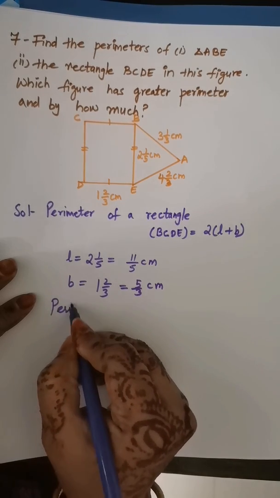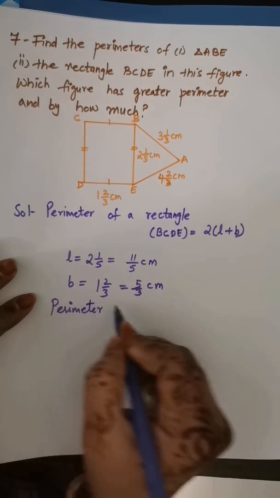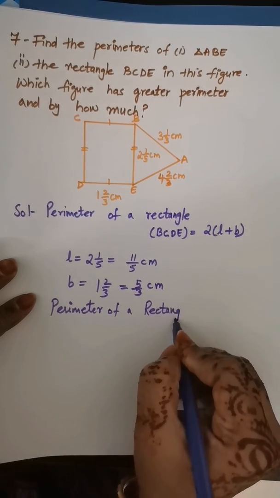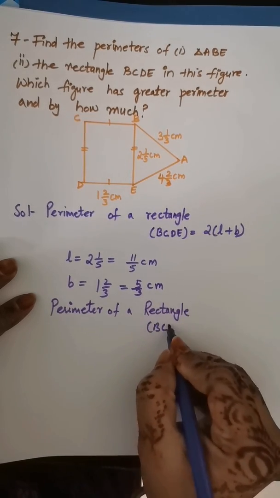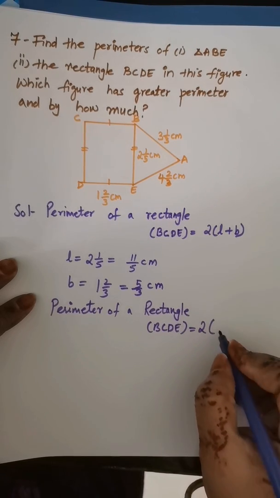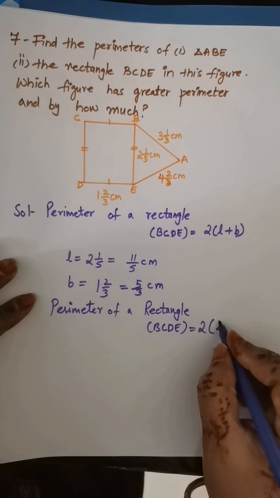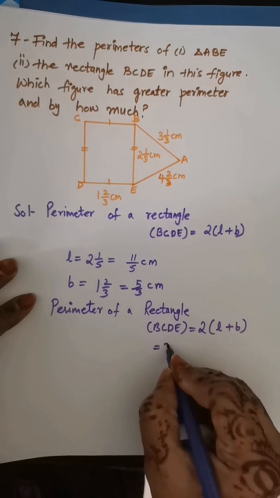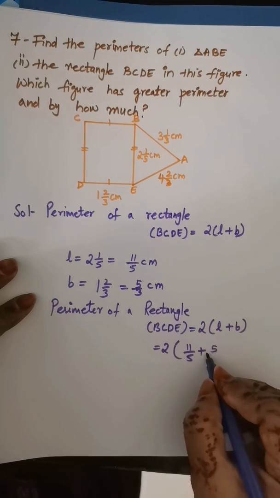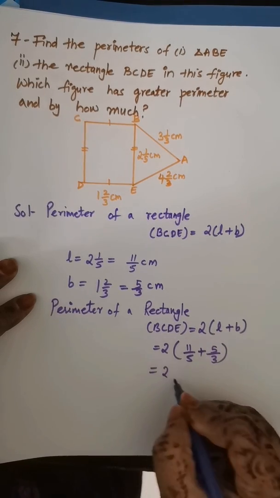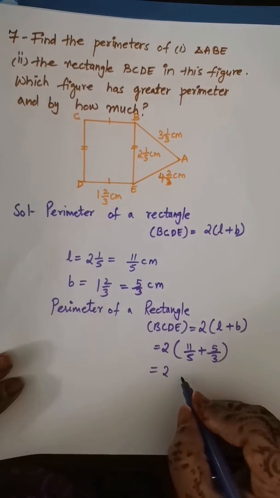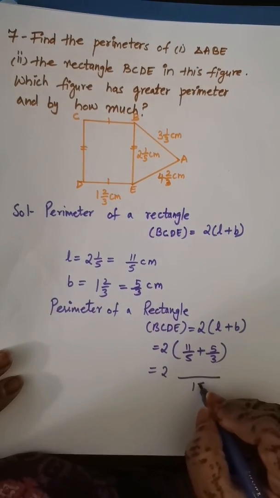Now perimeter we will find out. Perimeter of a rectangle BCDE is equal to 2 into L plus B, that is 2 into 11 by 5 plus 5 by 3. We will perform this calculation first inside the bracket. LCM of 5 and 3 is 15.